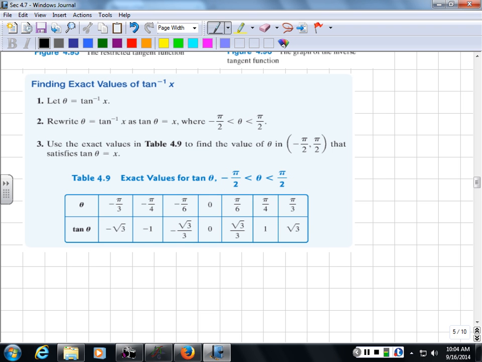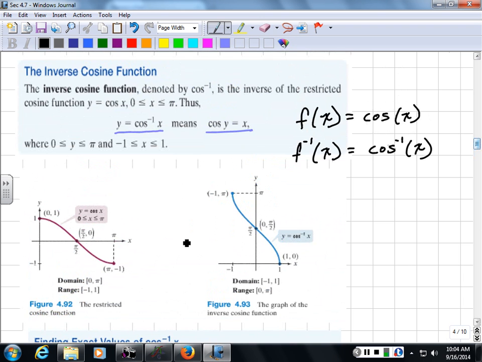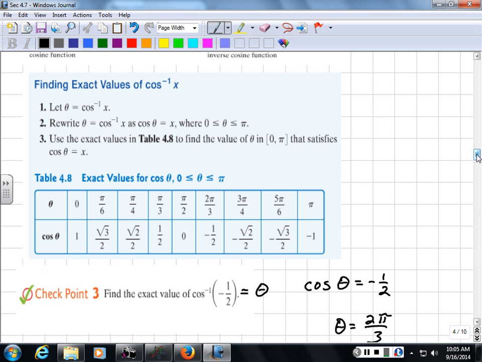Okay? Same thing goes for cosine and sine. Let's go back up and look at it for a moment. Think about this. My x is going to be between negative 1 and 1, which means that if I'm trying to find an answer for this, I look at this. Theta is between 0 and pi.